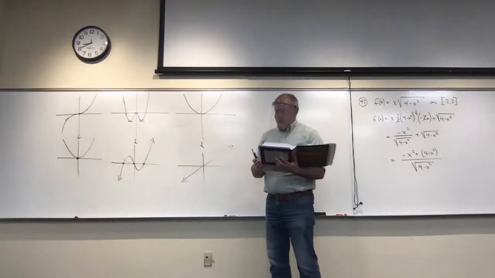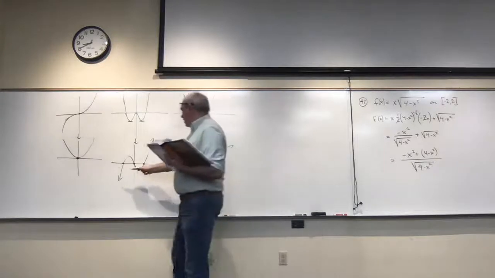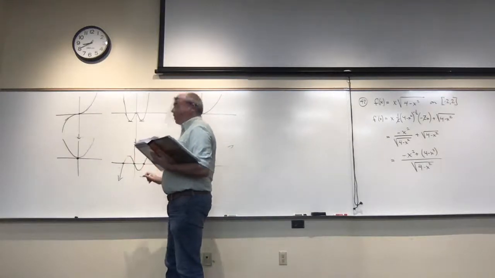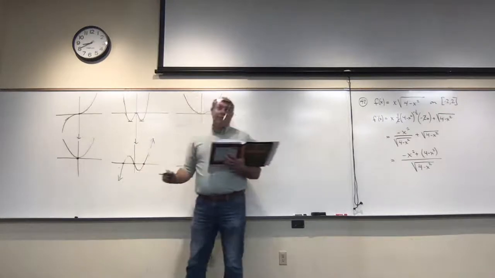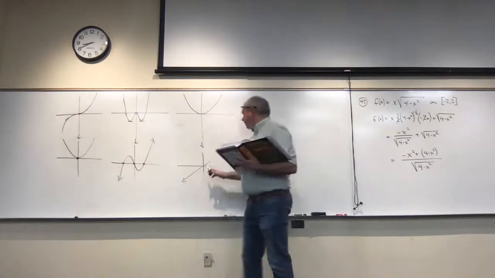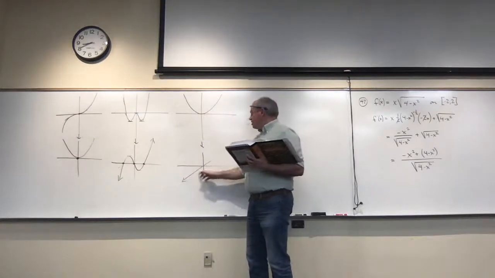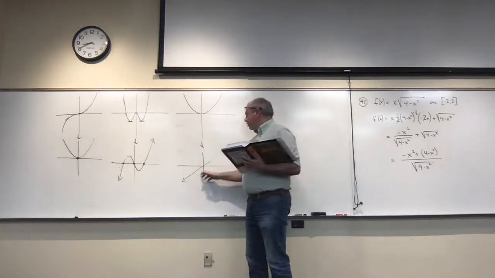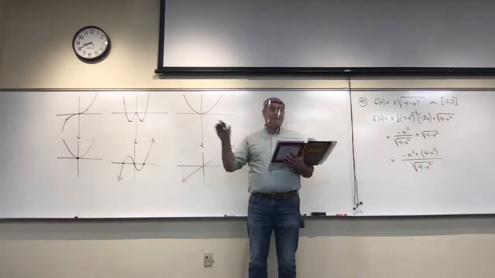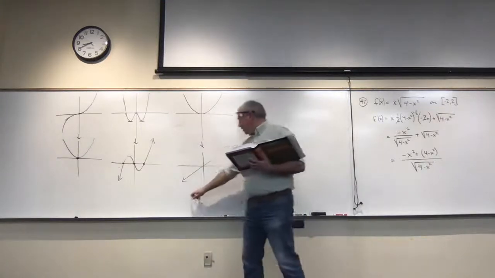Okay, the second one, what does this guy's derivative look like? Well, how many times does it hit 0? Twice. So that should help, that it goes through 0 twice in its derivative. And then this one, well, this is just the same slope everywhere. So you would expect the derivative to be some constant function or just a straight line.